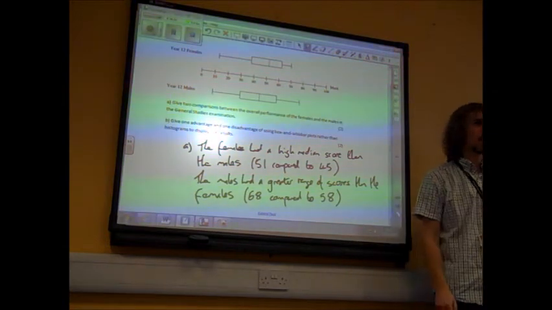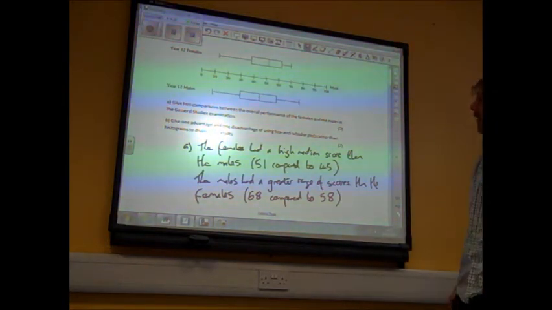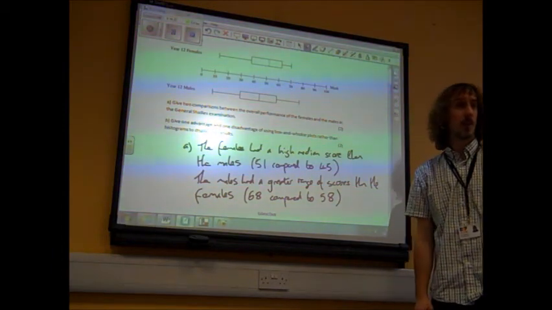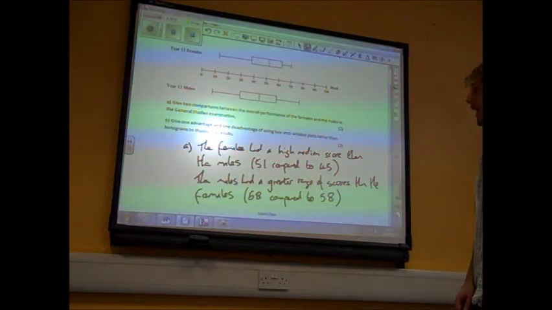Something of that kind of order. There are other things we could say. The interquartile ranges actually look fairly similar, don't they? I'm not sure there's an awful lot in that.